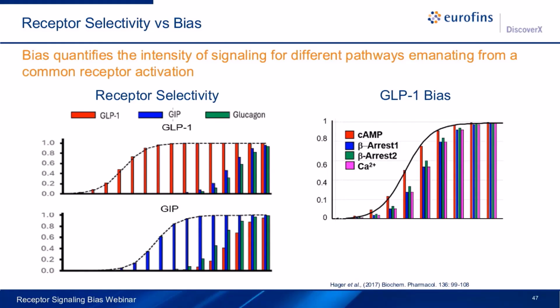But that same peptide, if you're comparing bias, is activating all of these pathways once the compound binds to the GLP-1 receptor, but at different strengths. In this case, it is biased towards cyclic AMP because those signals are stronger than the others.